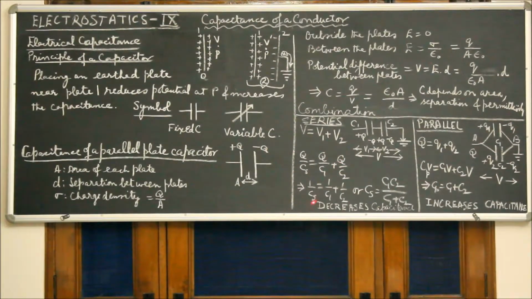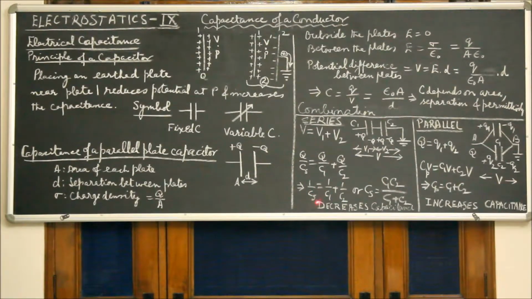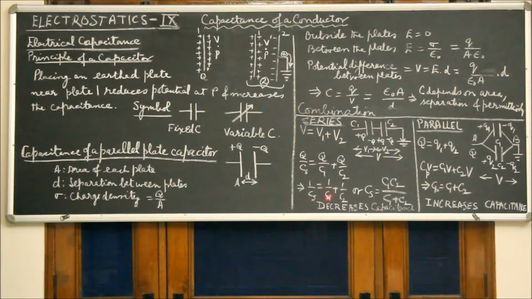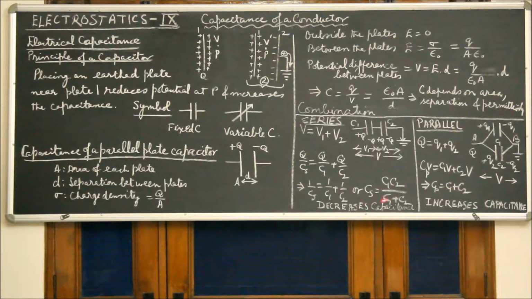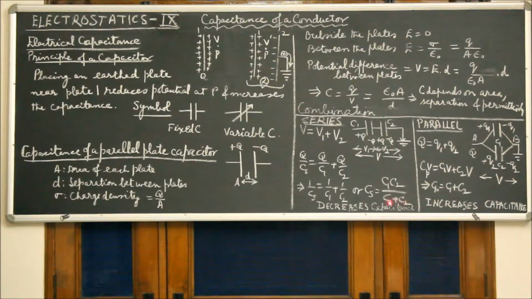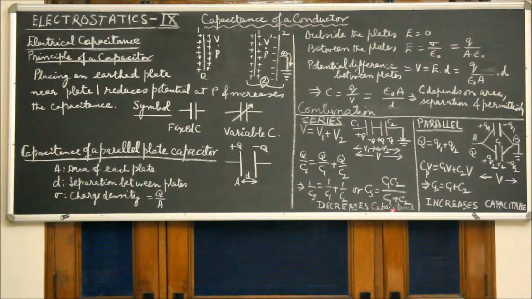Dividing by Q, you get this relation for effective capacitance CS of a series combination. 1 over CS equal to 1 over C1 plus 1 over C2, or CS is equal to C1 C2 over C1 plus C2. So the capacitance decreases if you connect two capacitors in series.